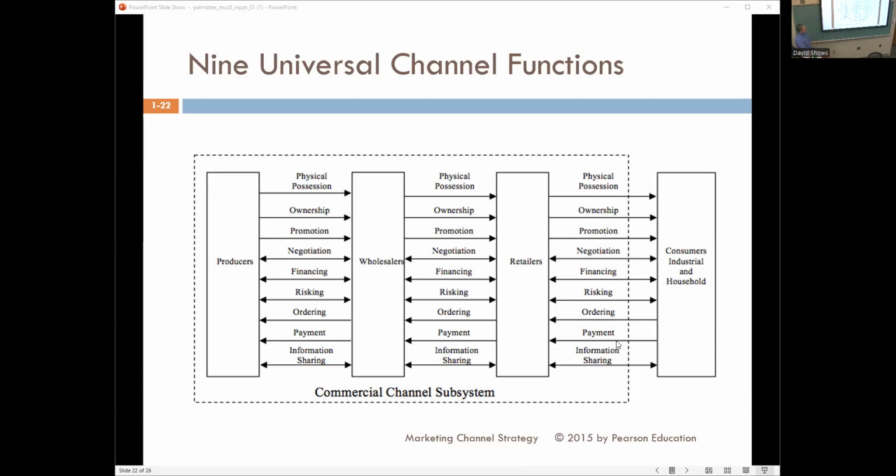Now you notice that negotiation, finance, and risk are all kind of in the same category, and that there are two ways. In other words, it goes in both directions. Negotiation, financing, and risk basically flow up and down the channel. And because it does that, you find that they work together.